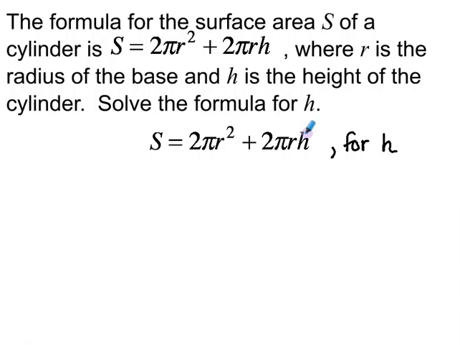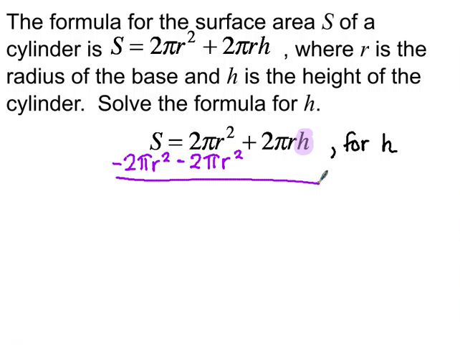So I want to get this all by itself. So in order to get that all by itself, what should I do first? I'm going to subtract 2 pi r squared. So this is going to be real similar to the very first problem we looked at today. And on the left side, I've got S minus 2 pi r squared. On the right side, what do you have? 2 pi rh.